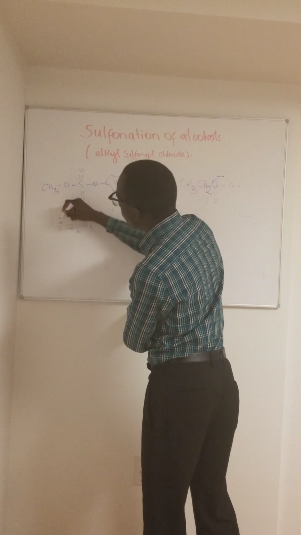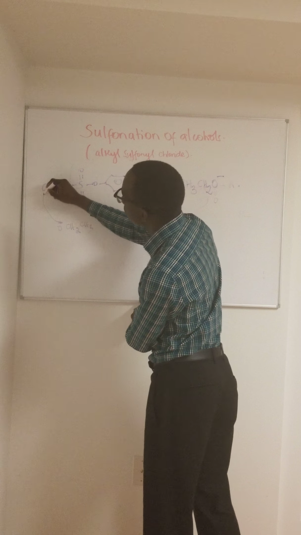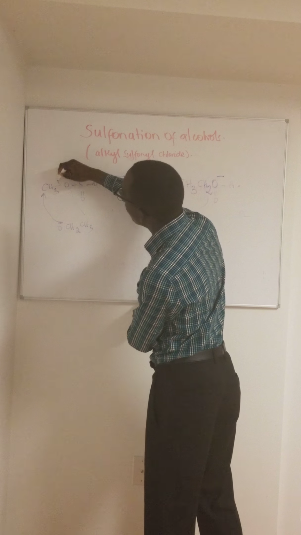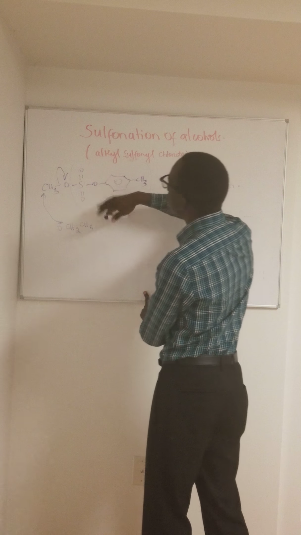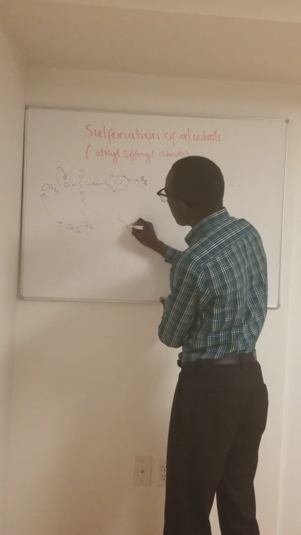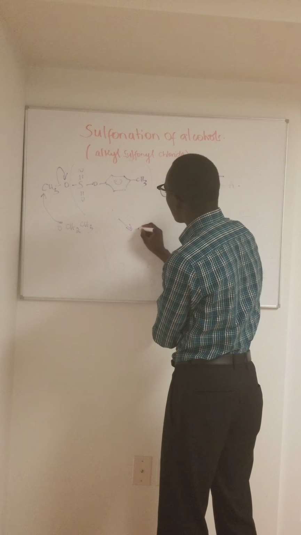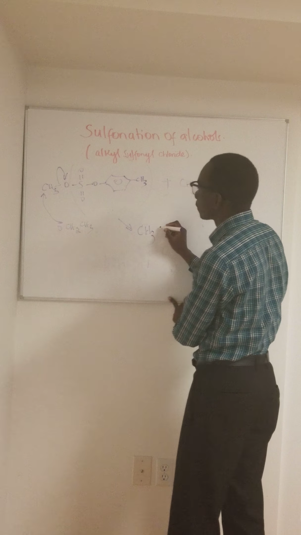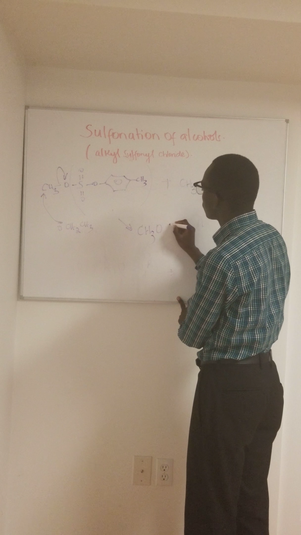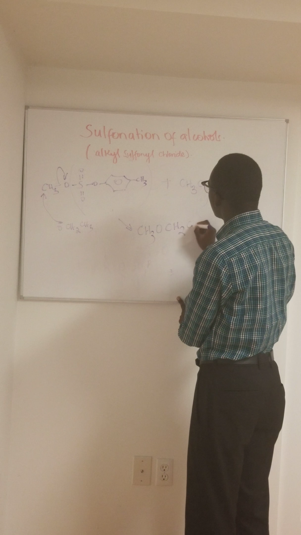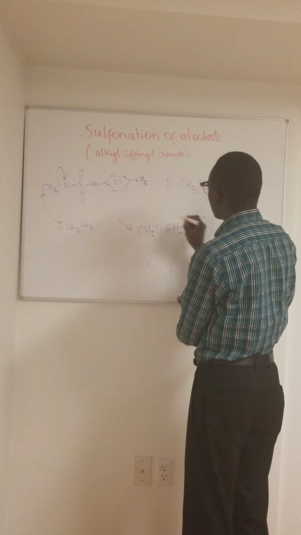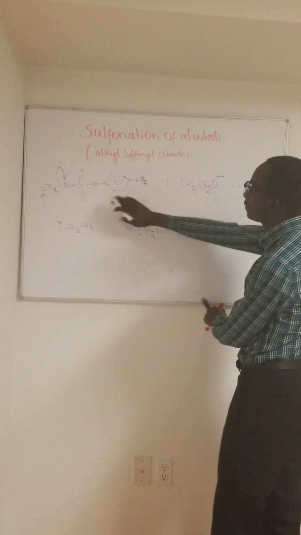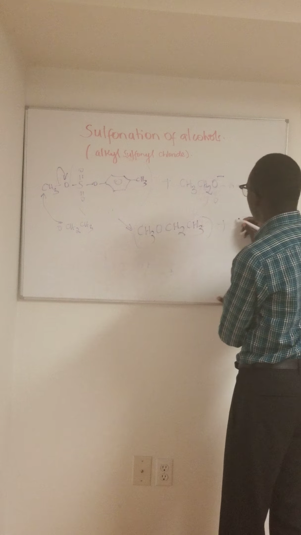This oxygen will attack this carbon, and this whole bond will break off as one single entity. Then my final product will be CH3 to the O to the CH2 to the CH3, plus this whole compound as you see there.